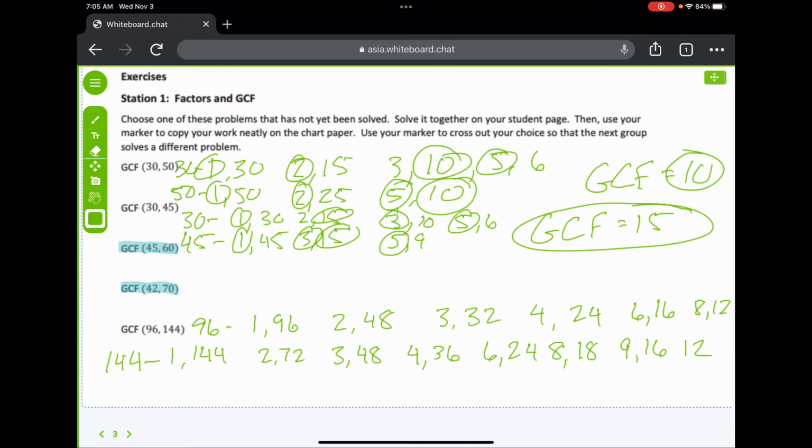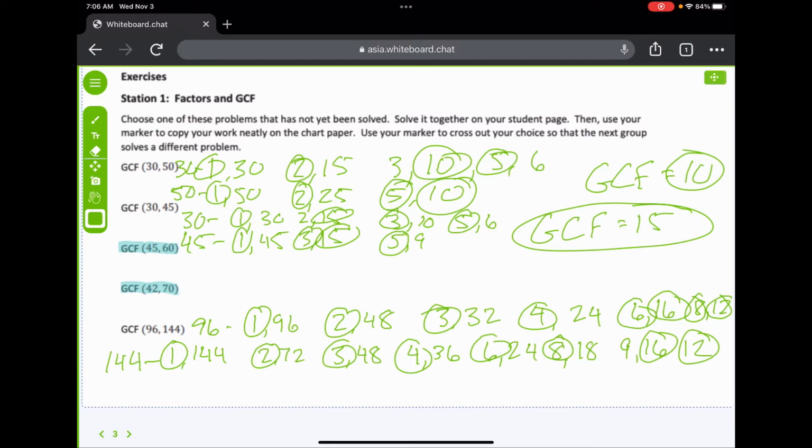So let's circle all the common ones. 1 and 1, 2 and 2, 3 and 3, 4 and 4, 6 and 6, 8 and 8, 12 and 12, 16 and 16, 24 and 24, 48 and 48, and that's it. So the greatest common factor, the GCF, is equal to 48. Remember, these are what we multiply together, factors, okay?